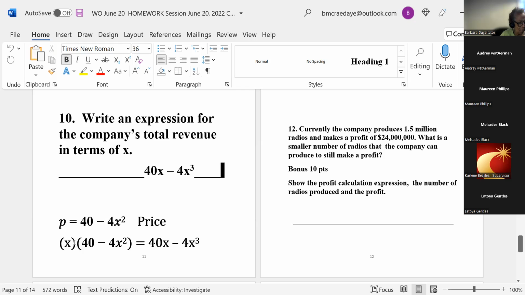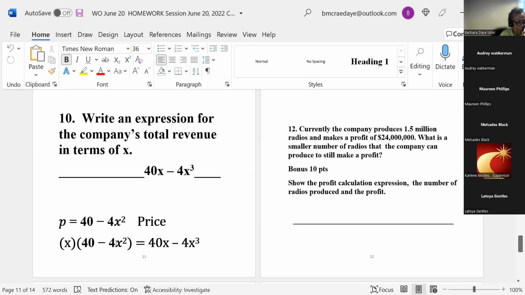You want to know how you get the 4x to the power 3? X times 40 is 40x, right, Mercedes? X times minus 4x to the second is minus 4x to the second plus 1, and that's how you get x to the third.